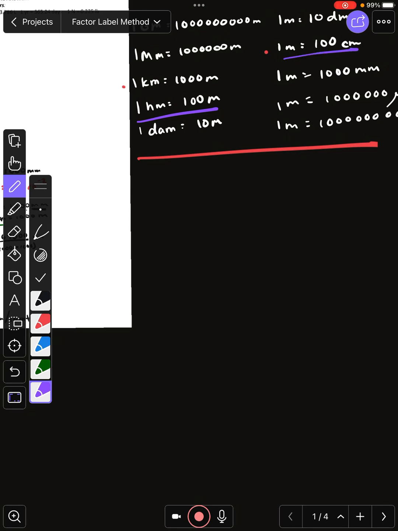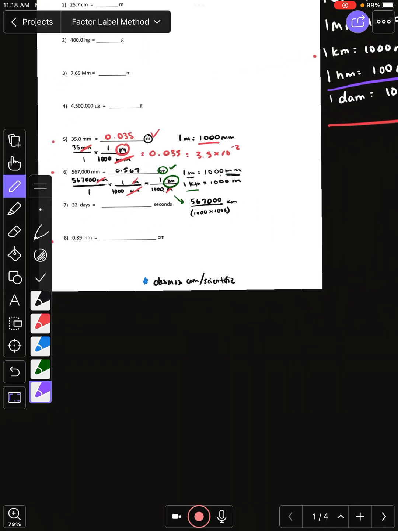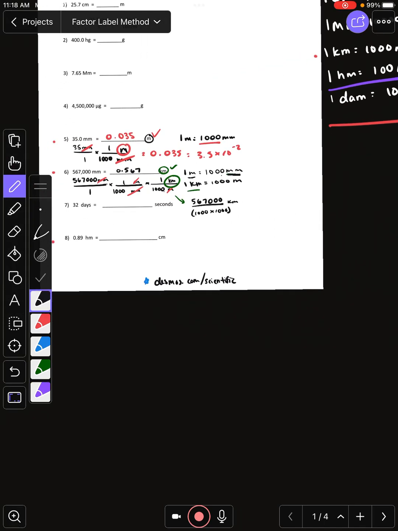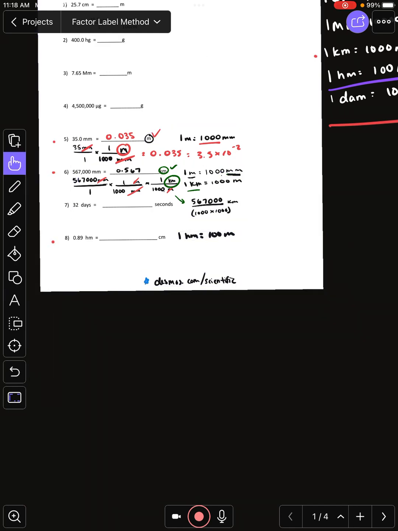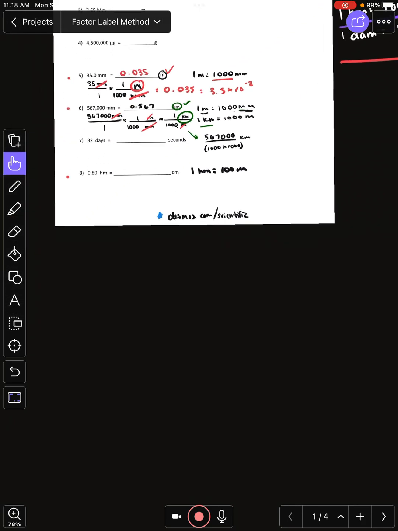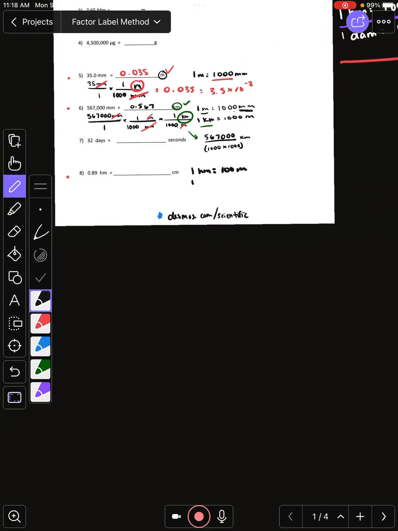So I'm going to use these two conversion factors. 1 hectometer is equal to 100 meters, and 1 meter is equal to 100 centimeters. So now I've gone from hectometers to meters to centimeters, but it's just a two-step problem.